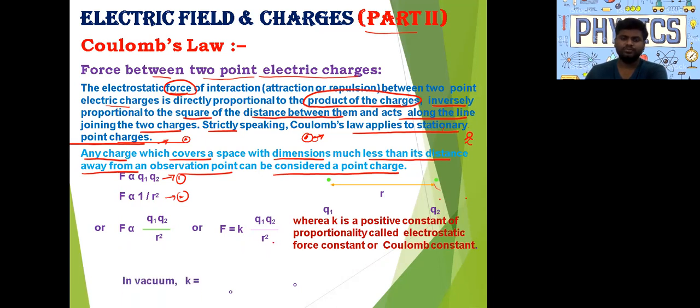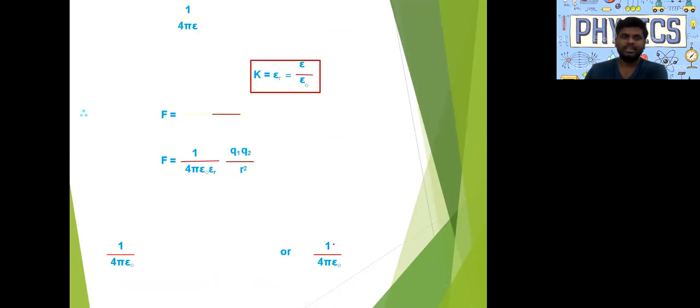In vacuum, K is written as 1 by 4 pi epsilon naught, and epsilon naught is the permittivity of free space.